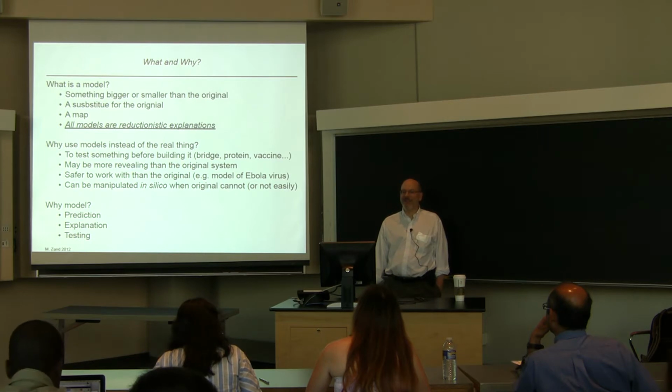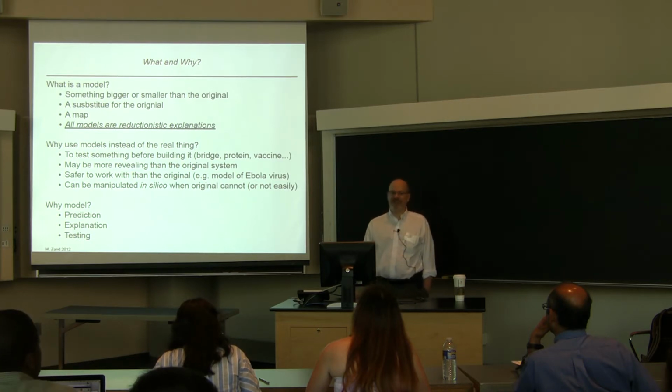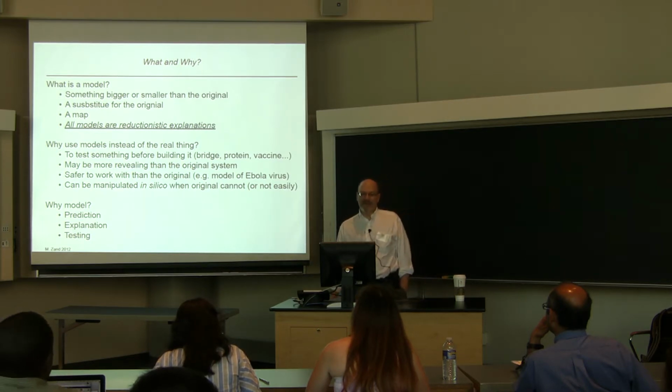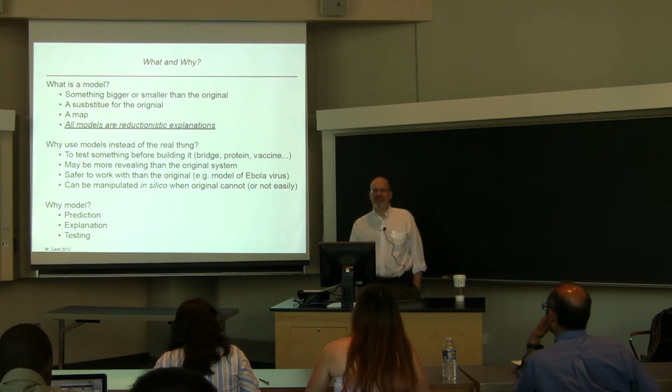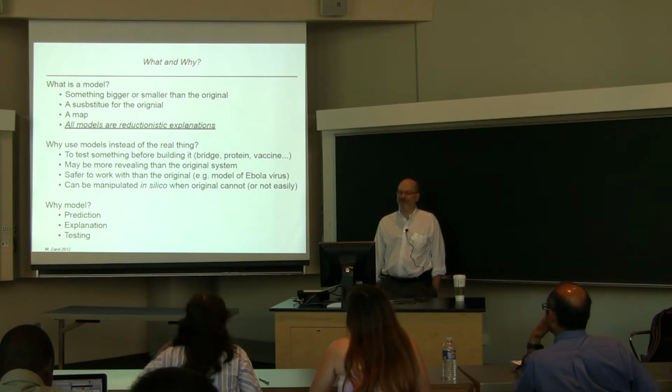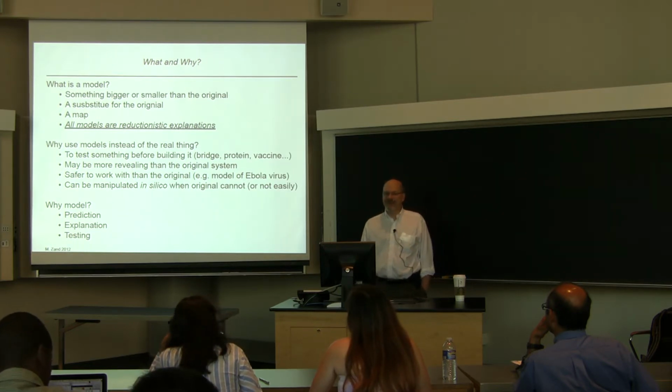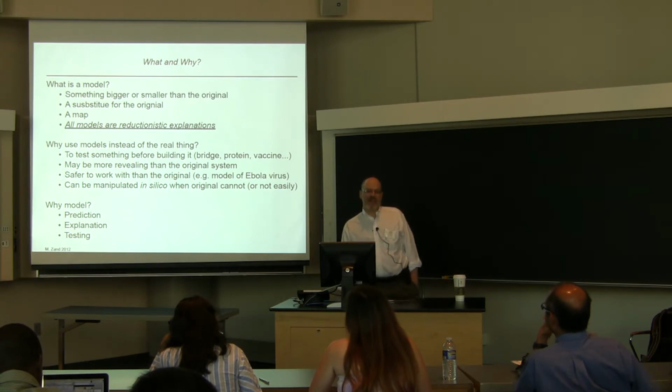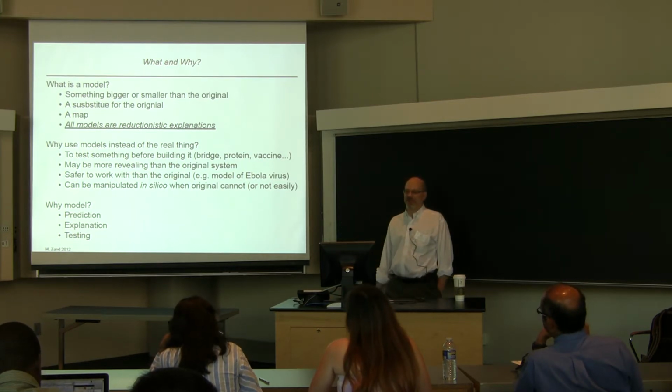So in dimension, the model was larger than the thing that it was modeling, but it was also a reduction in terms of what was modeled, in terms of the degree of accuracy.